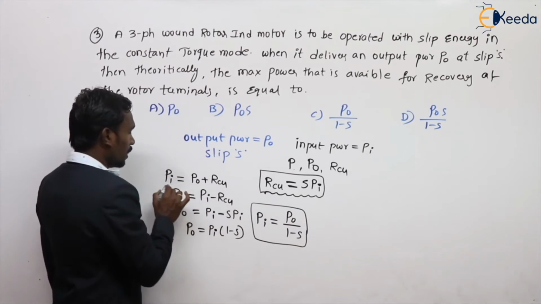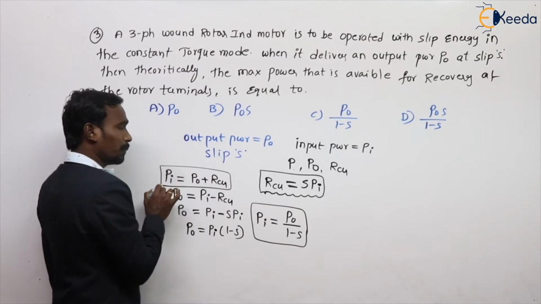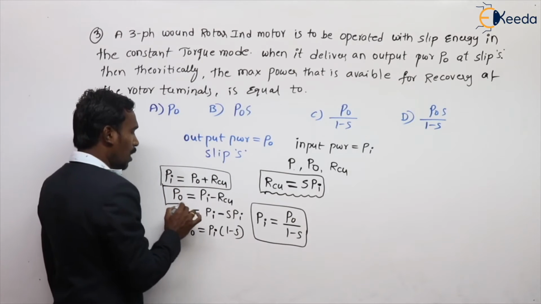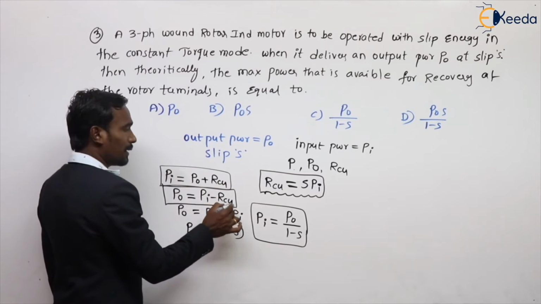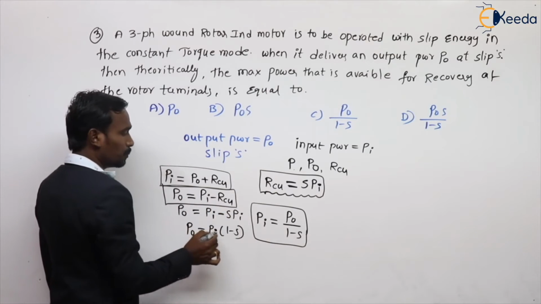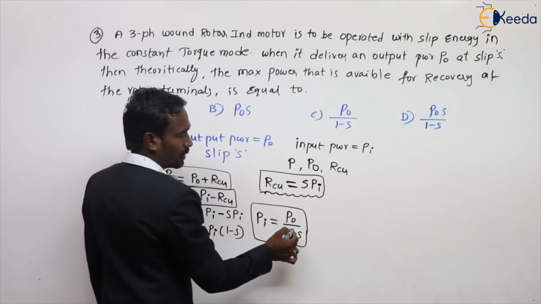So finally, rotor input is equal to output plus copper losses, nothing but output is equal to input minus losses. Input is Pi, copper loss is S into Pi. So output is equal to this much, input is equal to this much.